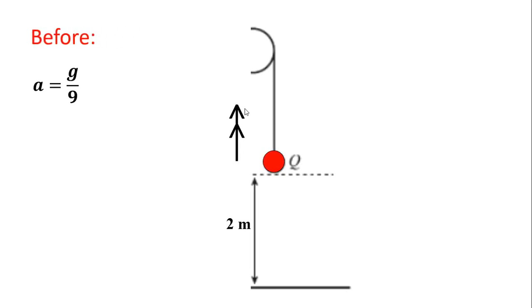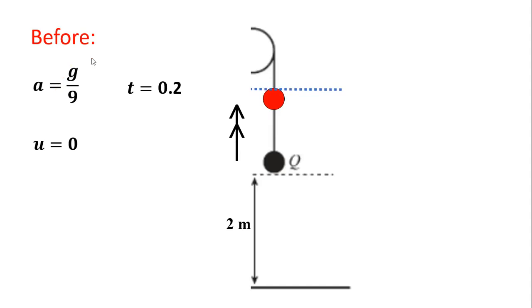Let's consider just before the string breaks, what happens? Well, it has an initial speed of u before it started to accelerate. It then starts to ascend with a constant acceleration of g over 9, which we found, and it has traveled for 0.2 seconds.